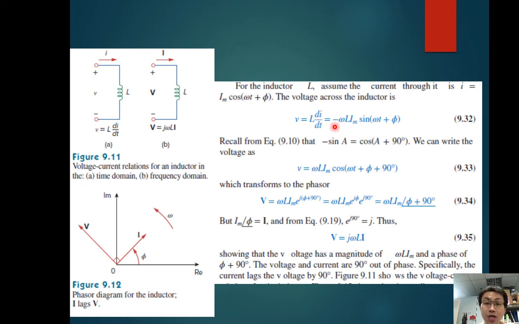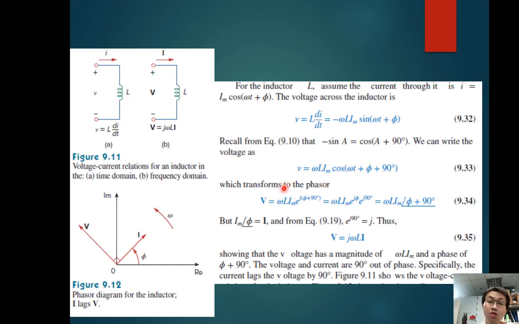So I take out the negative and change the sine to cos, and my A is omega t plus phi. Phi or psi? Phi. Then I copy plus 90 here. So this is how we get V equals omega L Im cos(omega t plus phi plus 90).